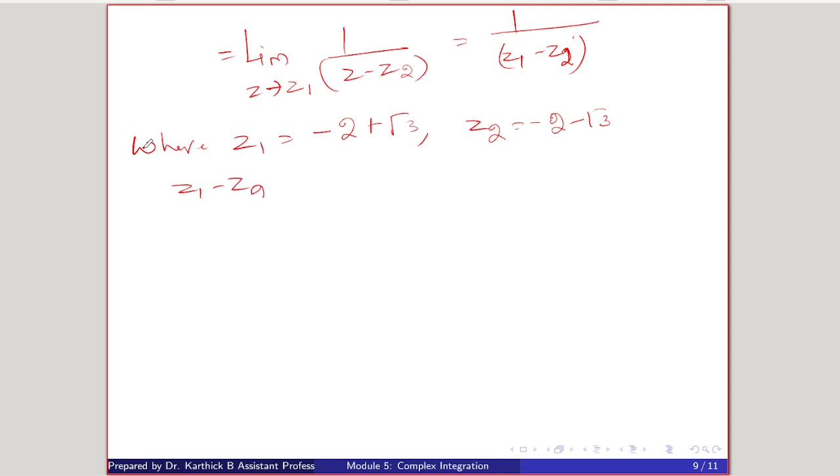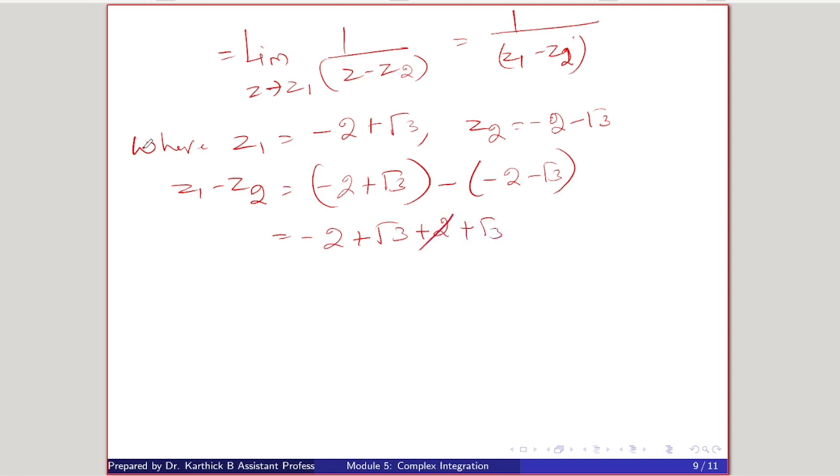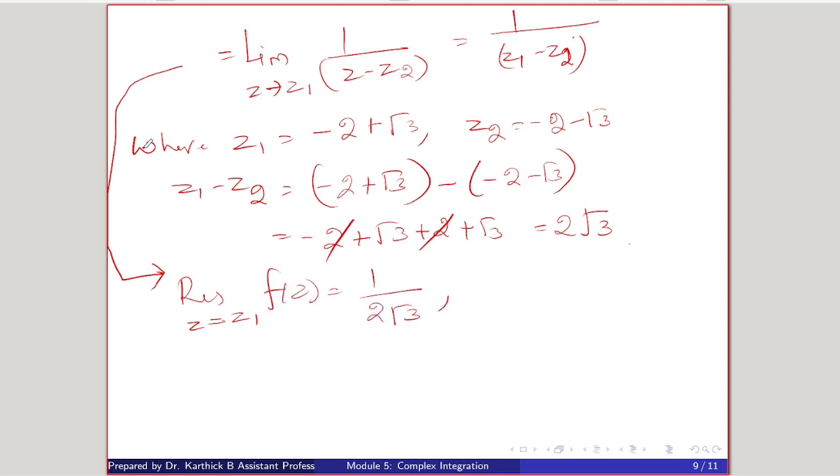So z1 minus z2 is minus 2 plus root 3 plus 2 plus root 3. The 2 will get cancelled, so we get 2 root 3. Therefore, the residue at the point z equal to z1 will be 1 by 2 root 3.